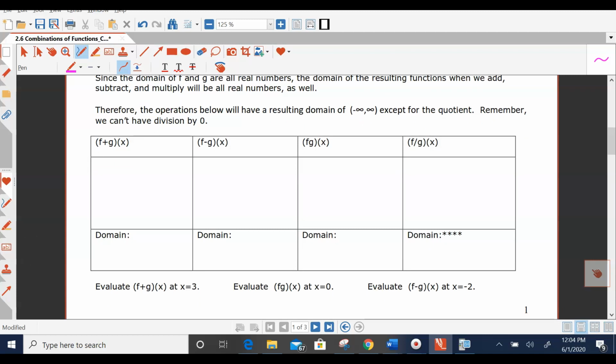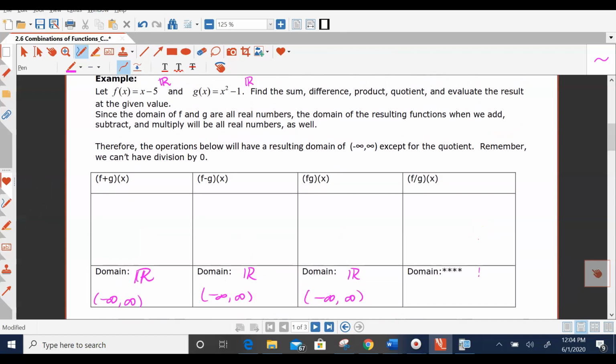So every one of these operations will have a domain. We could either write all real numbers using that R notation, or we could say negative infinity to positive infinity. Now on the quotient, we've got to be careful because we can't have division by 0, so we're going to save that one for later.